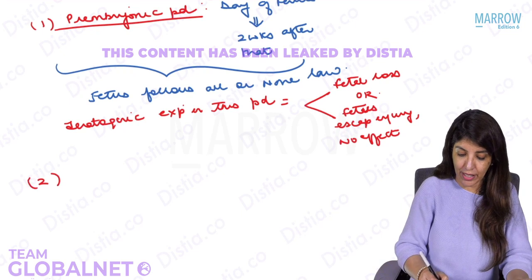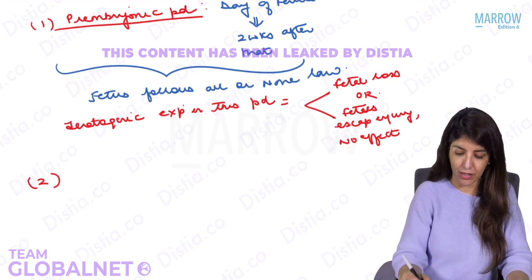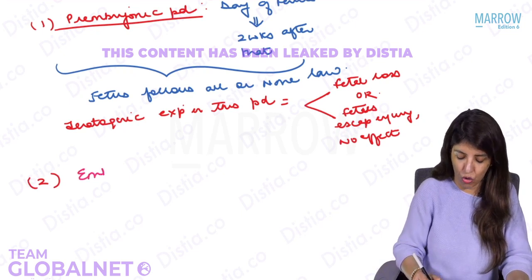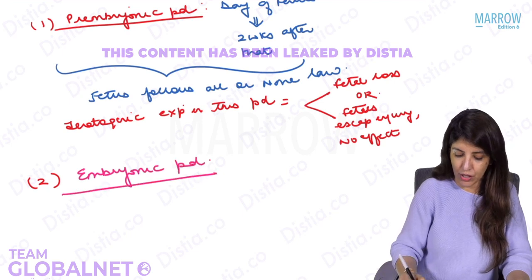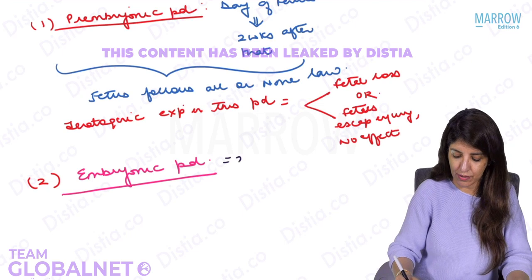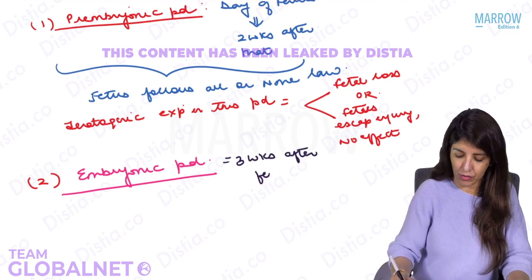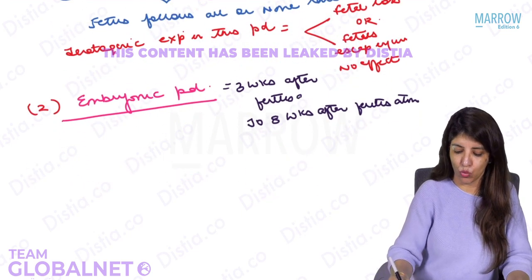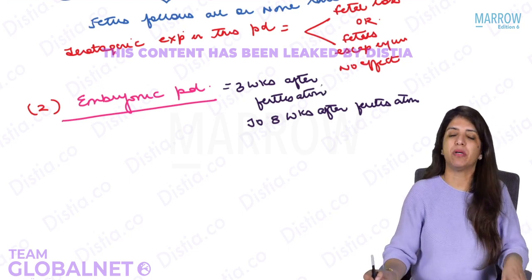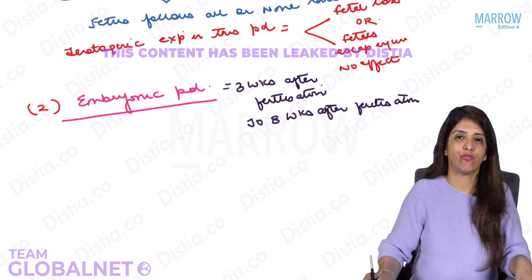Then comes the second period, and the second period is called the embryonic period. Now, the embryonic period is from 3 weeks after fertilization to 8 weeks after fertilization. And I hope you remember that only in growth periods, the reference point is the day of fertilization.